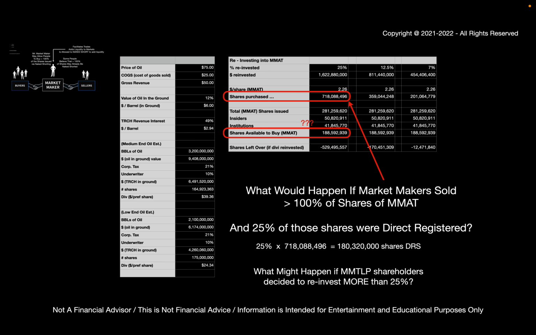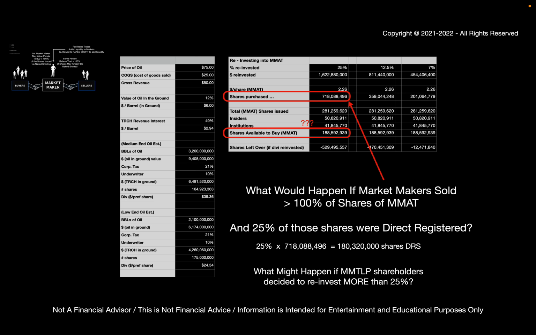And if you recall, one of the last presentations I made had a look at what might happen if people reinvested their MMTLP dividends into MMAT, and we found that there wasn't enough shares. Well, the numbers I was using back then were $75 per barrel of oil and $2.26 per share of MMAT.